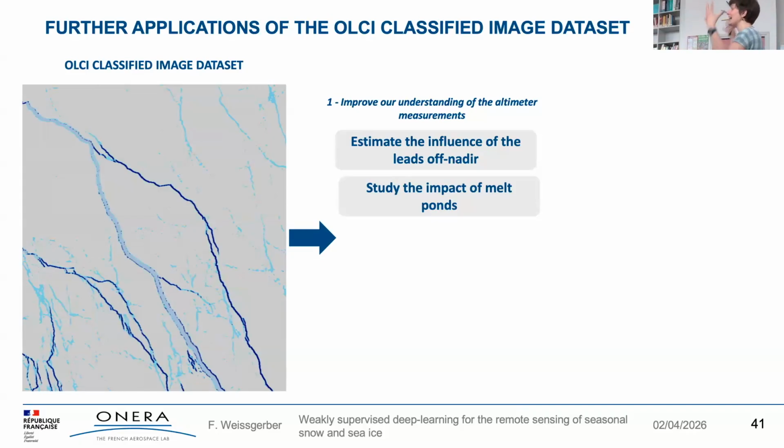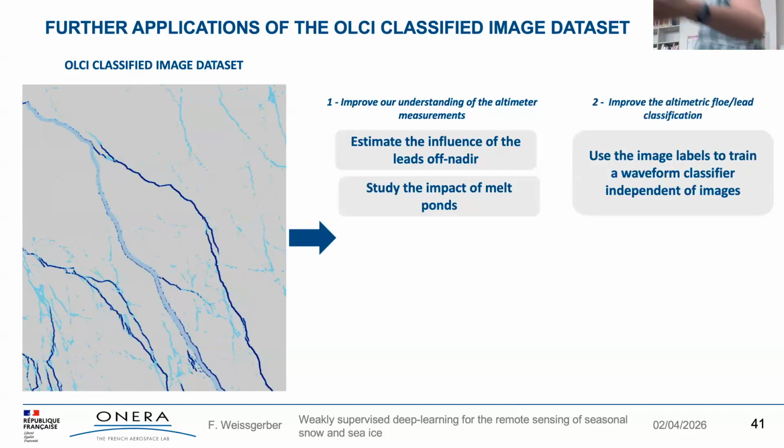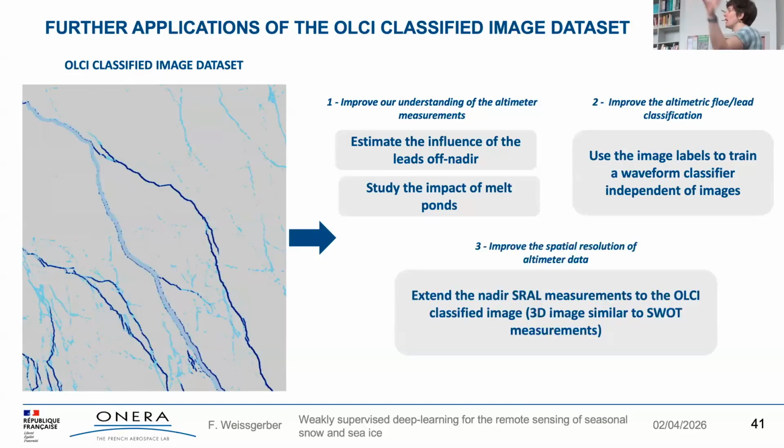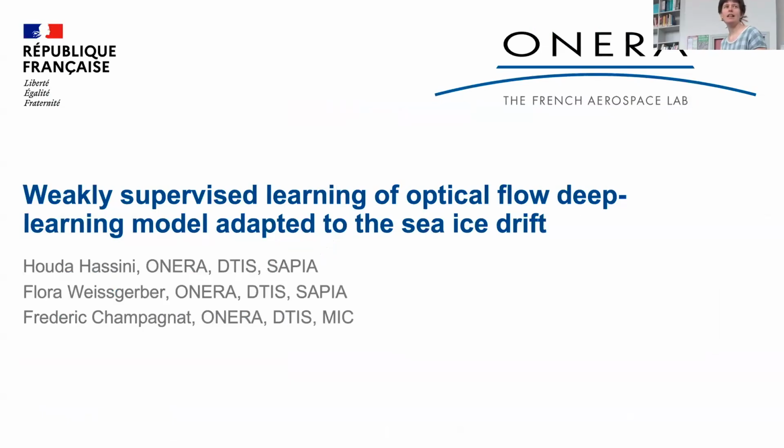That reflects as a lead, but it's at the elevation of a flow. So we also have to try to add this class. And then we would like to train a waveform classifier using the classes of the image, to apply that for the whole year. And the goal would then be to extend this information at the scale of the image. So that was for OLCI.